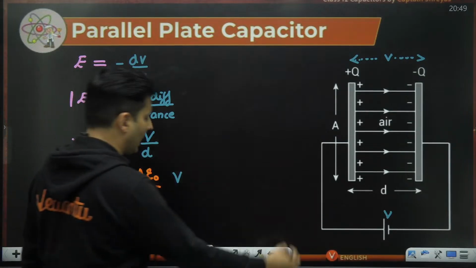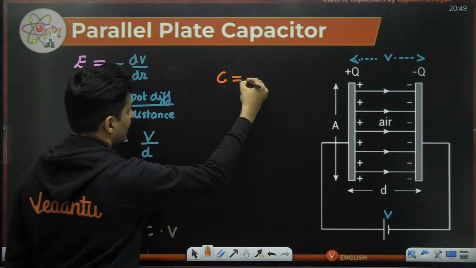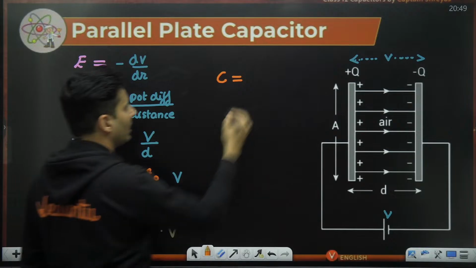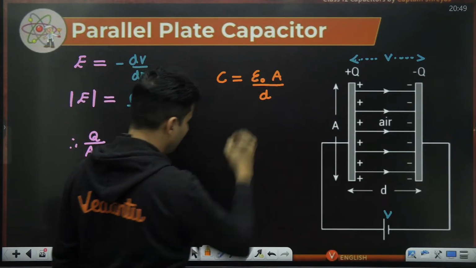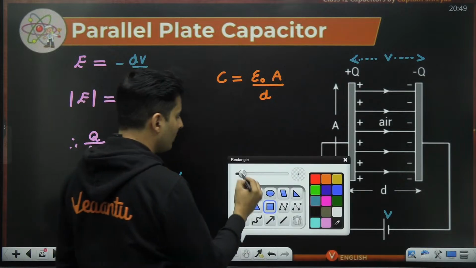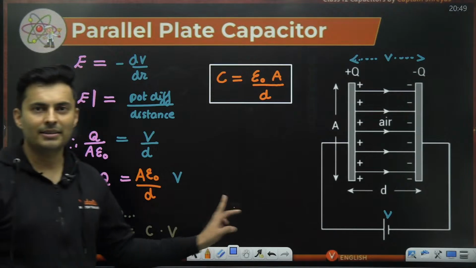Immediately you have your answer, and the answer is that the capacitance is nothing but epsilon naught A by D. It is epsilon naught A divided by D. So this is the formula for the capacitance of a parallel plate capacitor.